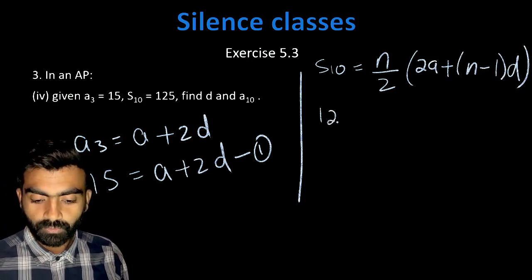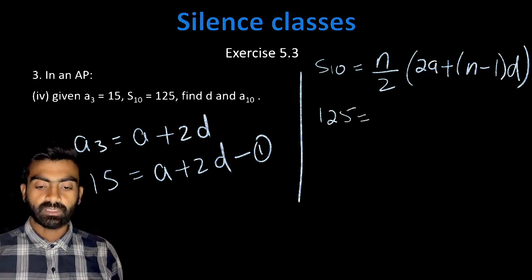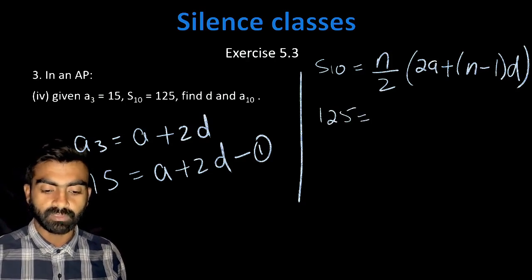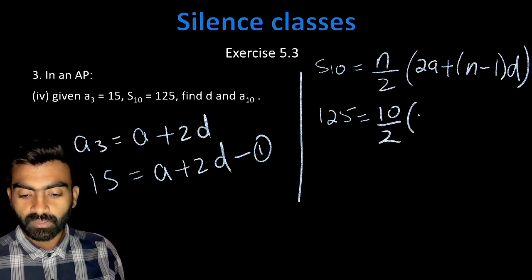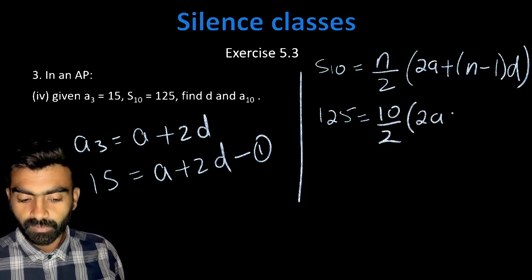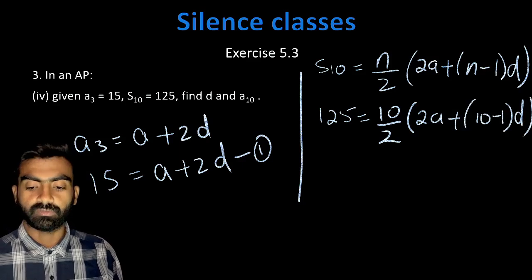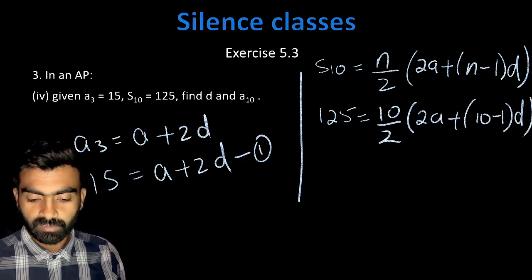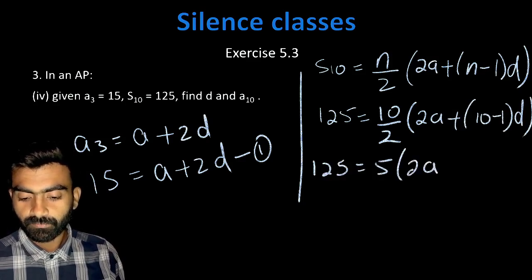So we will get 125 is equal to n upon 2, where the total number of terms is 10. So 10 upon 2, times (2A plus (n minus 1)d), where n minus 1 is 10 minus 1. So we will get 125 is equal to 5 times (2A plus 9d).